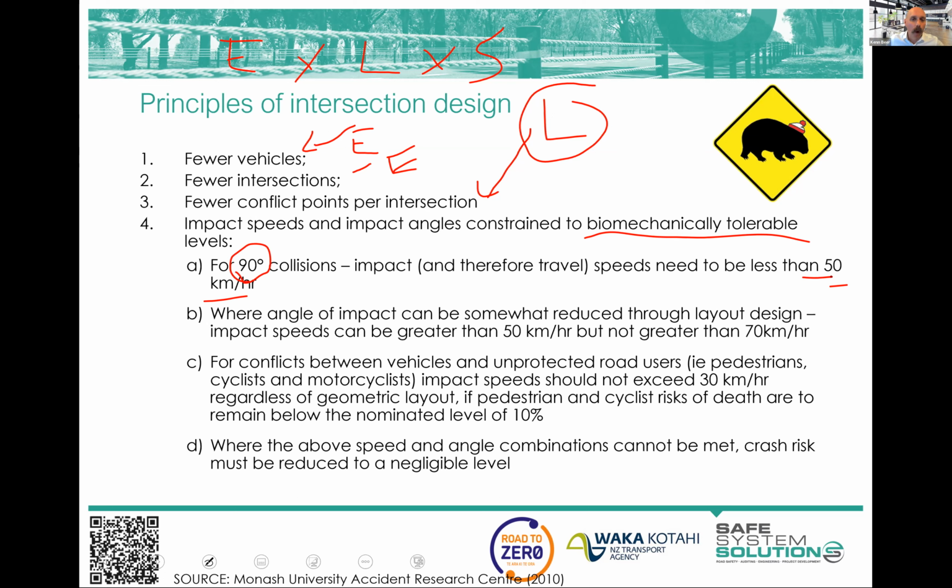Yes, there are more layers to that onion in terms of the driver's frailty, the protective elements of the vehicle, has it lots of airbags and those sorts of things. Those are there, but our intersection design doesn't really influence those. But what we can do is influence how fast people come into that intersection and what angles they come into that intersection.